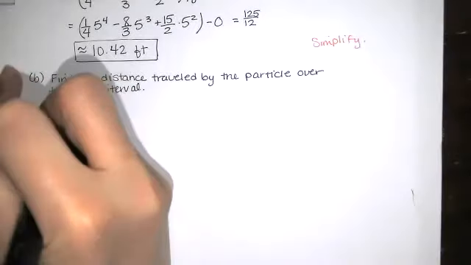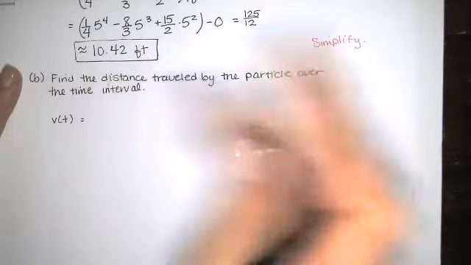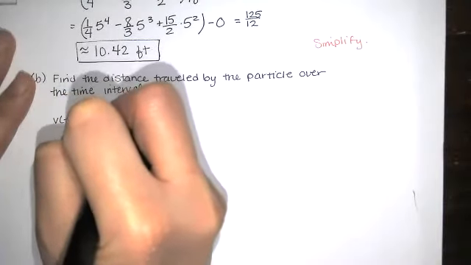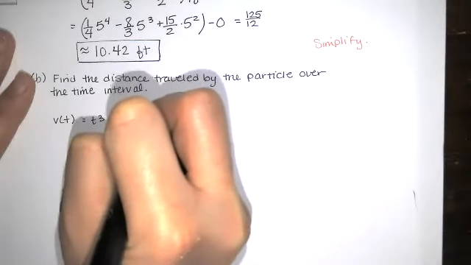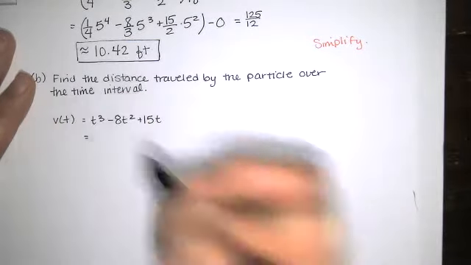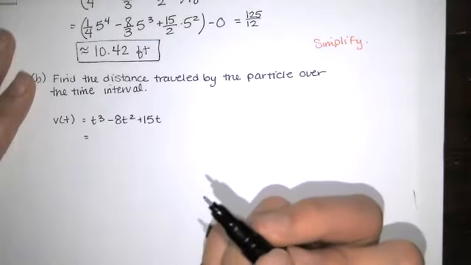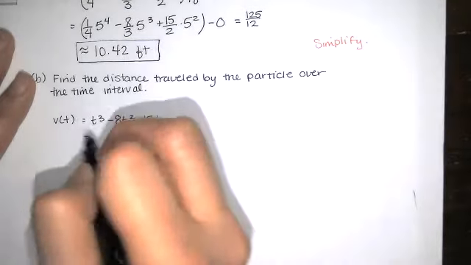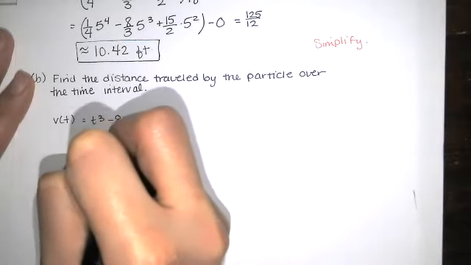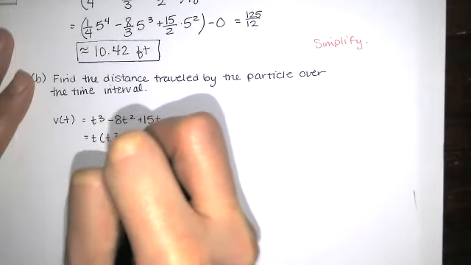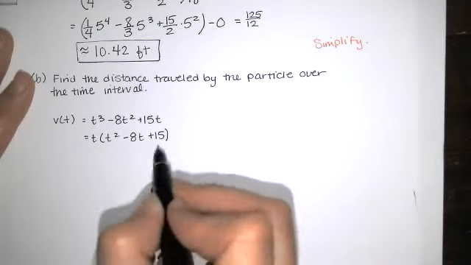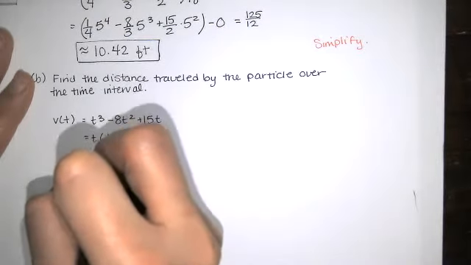So v of t looks like this. It's t cubed minus 8t squared plus 15t. And I can factor that. I see right away that I can factor a t out from all of these terms. They all have a t in common. Then I'm left with t squared minus 8t plus 15. And then this trinomial, that factors pretty nicely.